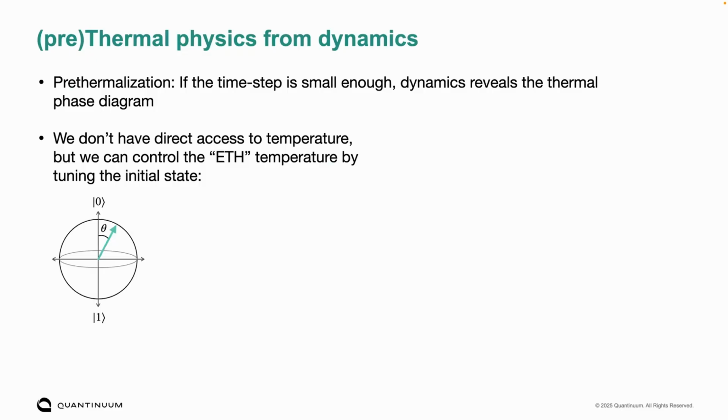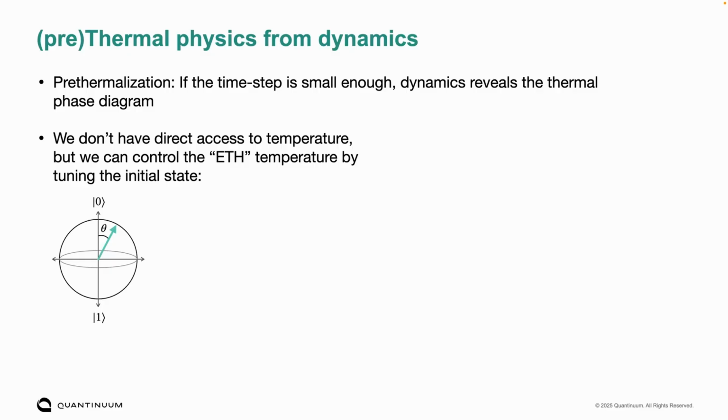So the experiments we ran can in some sense be viewed as a very crude attempt to map out this thermal phase diagram as it emerges through the dynamics of this energy conserving system. And just a reminder, I said before that we expect the system to pre-thermalize, and that just means if the time step's small enough, the dynamics will approximately reveal the thermal phase diagram that I showed you before.